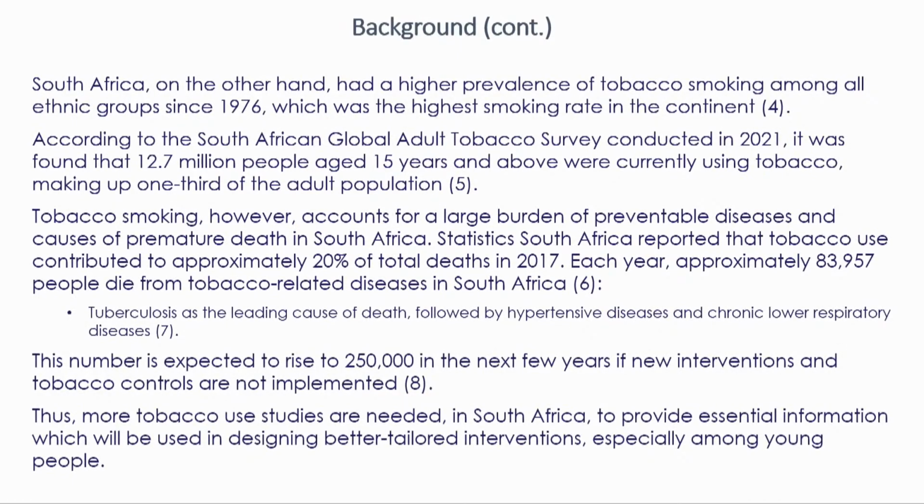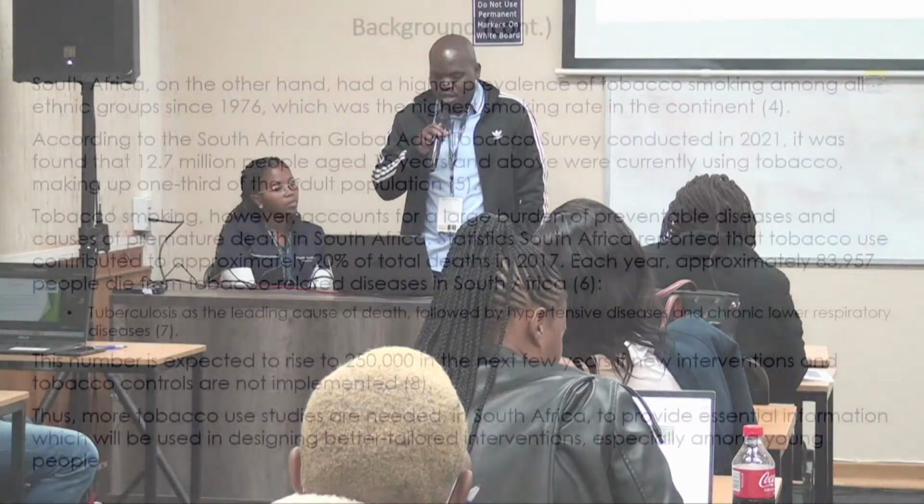So I'd like to bring it to South Africa. In South Africa, there's been a higher prevalence of tobacco smoking among all ethnic groups since 1976, and it has been high throughout the continent.